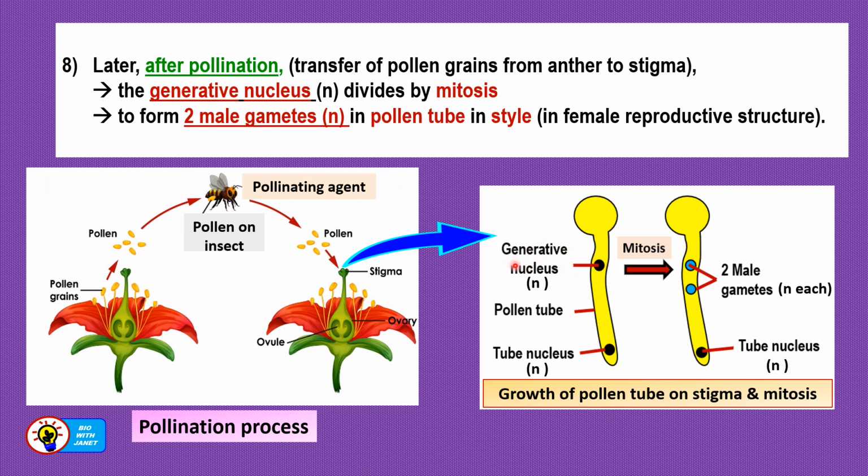Okay, so generative nucleus undergoes mitosis to form two male gametes, but the tube nucleus does not undergo mitosis in this case. Okay, so these two male gametes in the pollen tube will also travel down with the tube nucleus to the ovule and to the embryo sac in order to fertilize the egg cell or ovum later on.